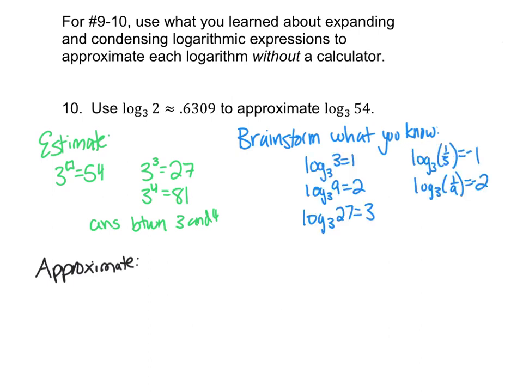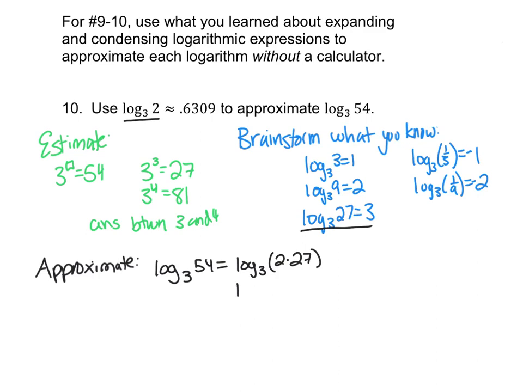Now, since I am trying to find log base 3 of 54, I look at my list and I say, well, I know log base 3 of 2, and I know that 2 times 27 is going to give me my 54. So I'm going to write this as log base 3 of 54, but instead of that, I'll write log base 3 of 2 times 27.